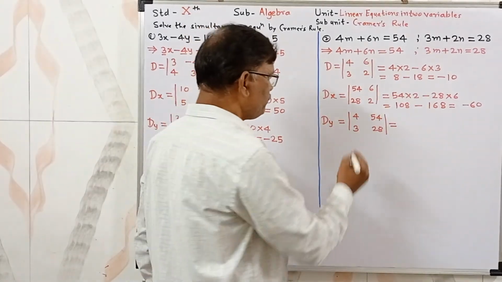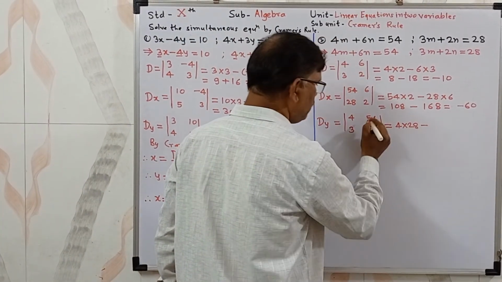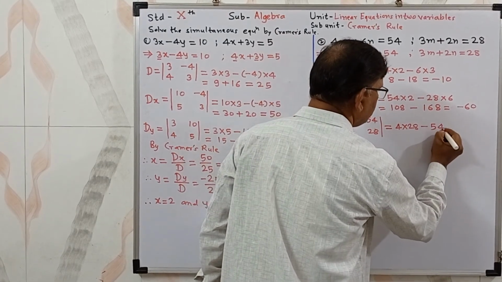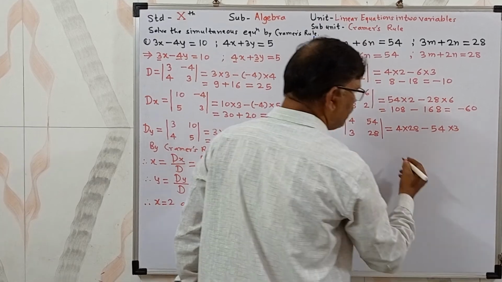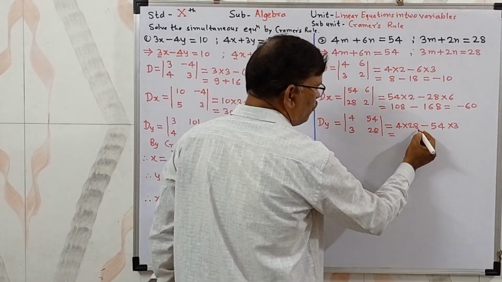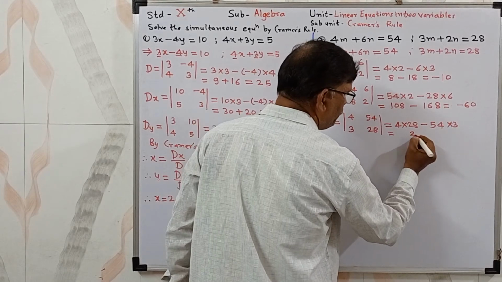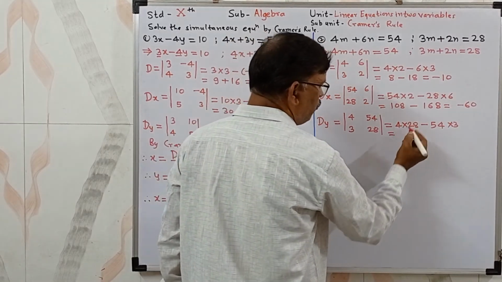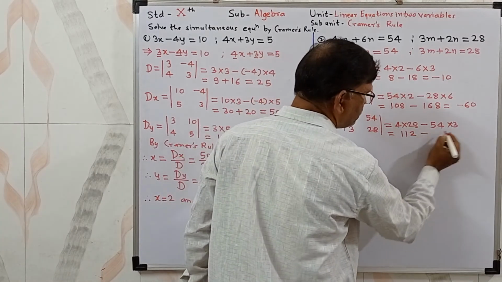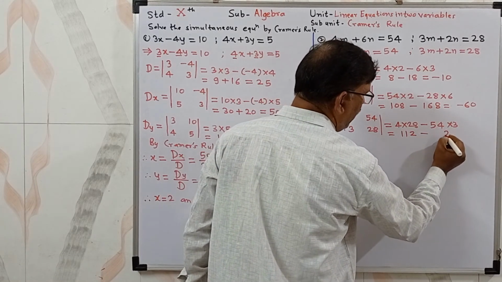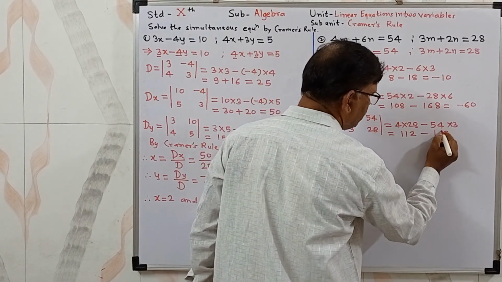Now cross multiply. 4 into 28 minus 54 into 3. Okay. 4 into 8, 4 8s are 32. 4 2s are 8. 8 and 3, 11. Minus 3 into 4, 12. 3 into 5, 15. 15 and 16.